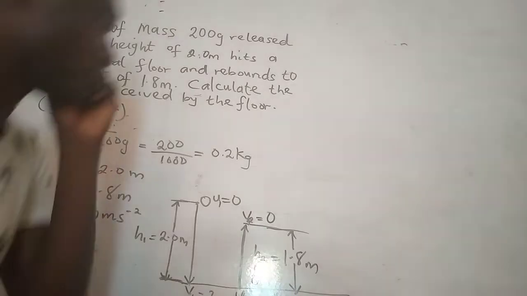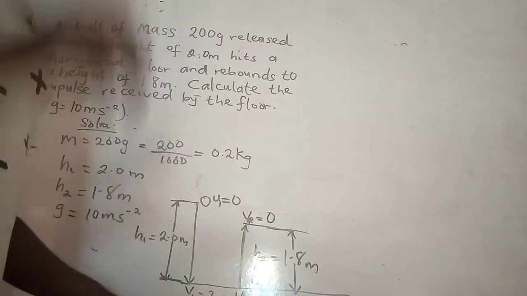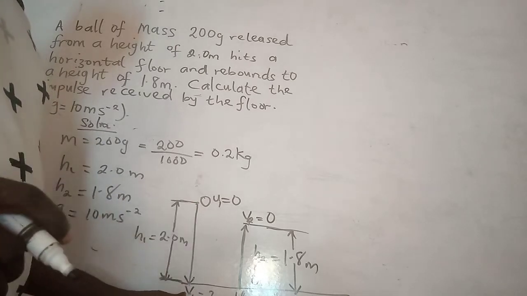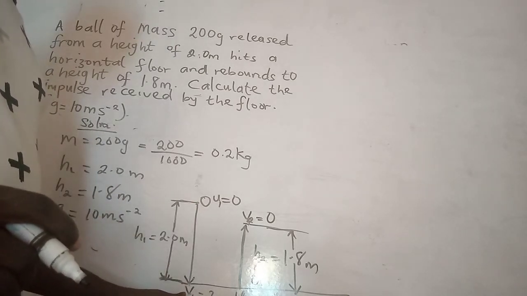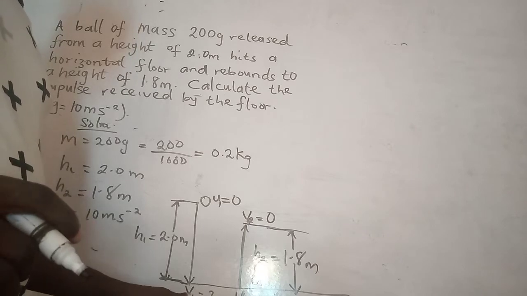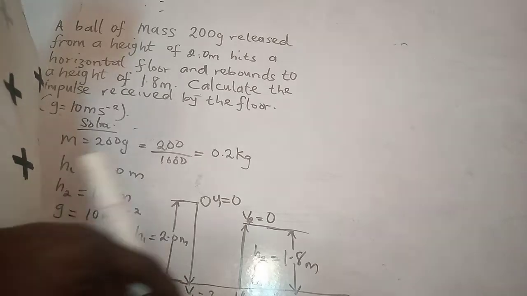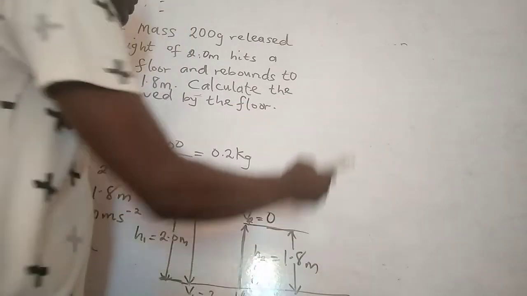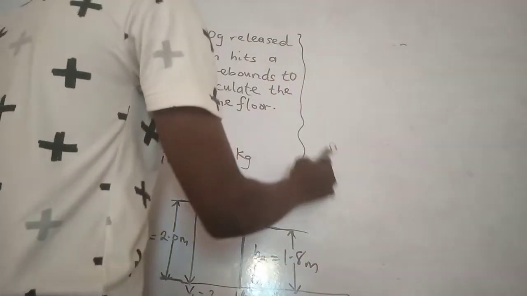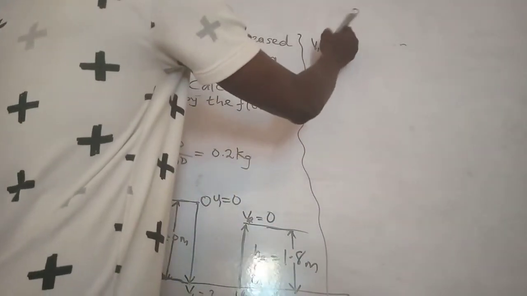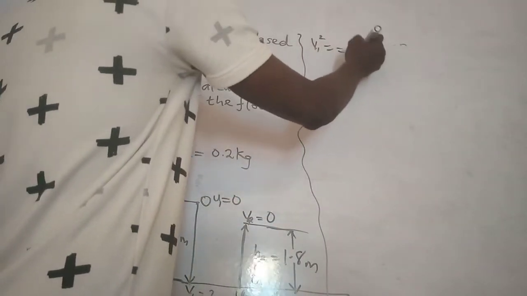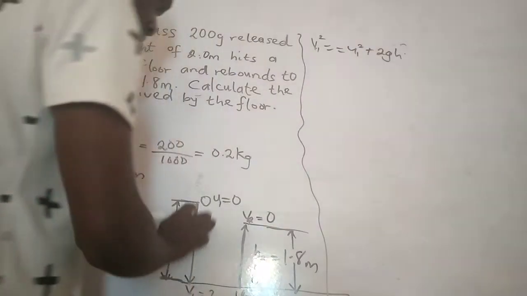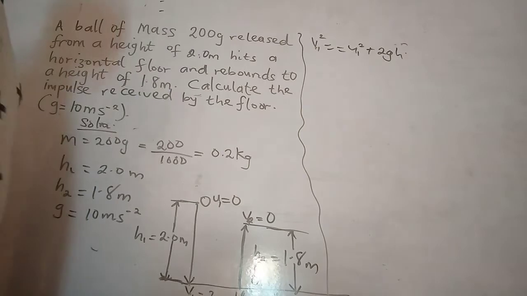So what we are going to do is to calculate the final velocity when the object reaches the floor. I'm going to use the velocity formula for motion under gravity. V1 squared equals U1 squared plus 2gh. I'm using plus because the object accelerates as it goes down.